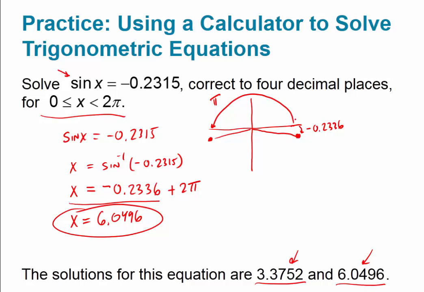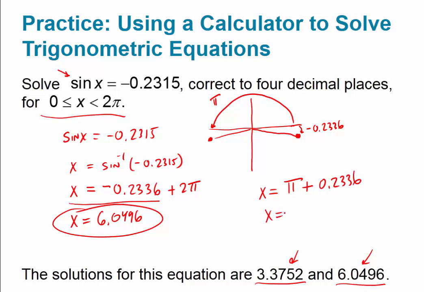Well, I know that that angle travel is a distance of positive 0.2336. If I'm moving in this direction, I want it to be positive. Here it was negative 0.2336. But if I take this pi and add positive 0.2336 to it, it would get me to this spot here. So that's how I'm going to get my next answer. My next answer is going to be pi plus 0.2336.